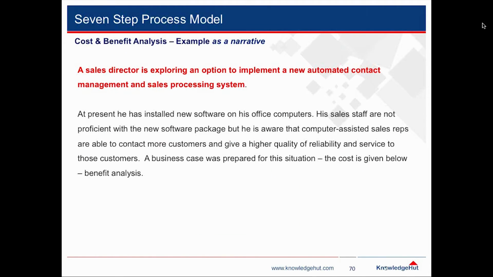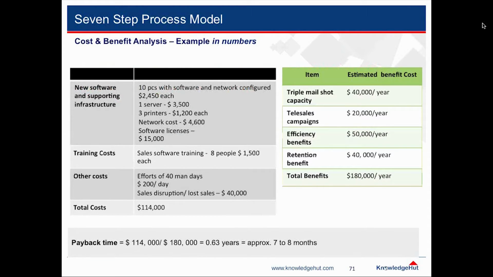If you have a look at that example, here we really look at a director exploring an option to implement a new automated contact management and sales processing system. This business case here is really expressed as a narrative, and if we go to the next example, we express the same idea with the information that we have gathered purely in numbers. And your business case would need to contain both.